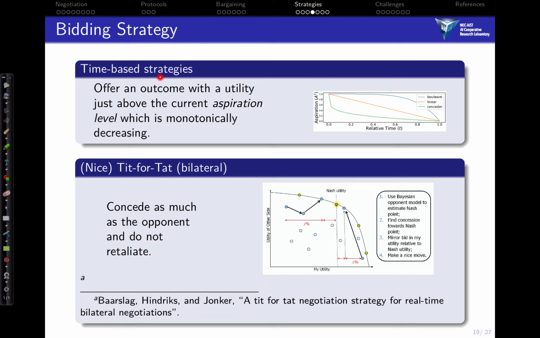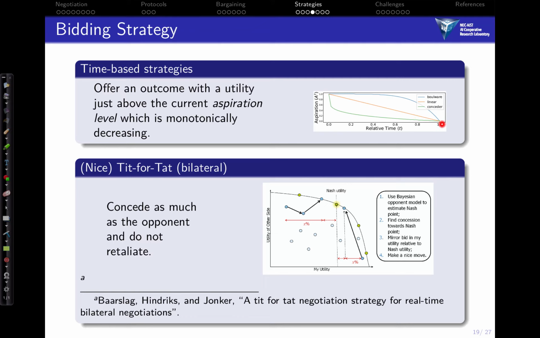Sometimes it's called opponent, sometimes partner, the other guy or guys in the negotiation. We don't care about the offers. We don't even look at them. We define some utility value that we are willing to accept at any point, and we then usually concede by reducing this level that we are willing to accept over time.